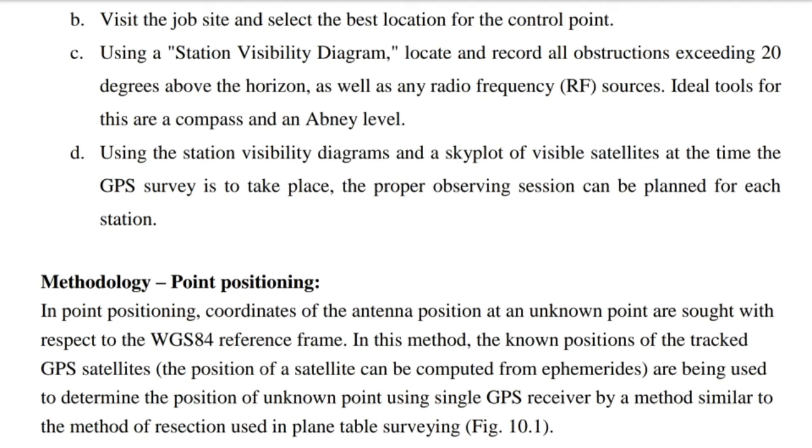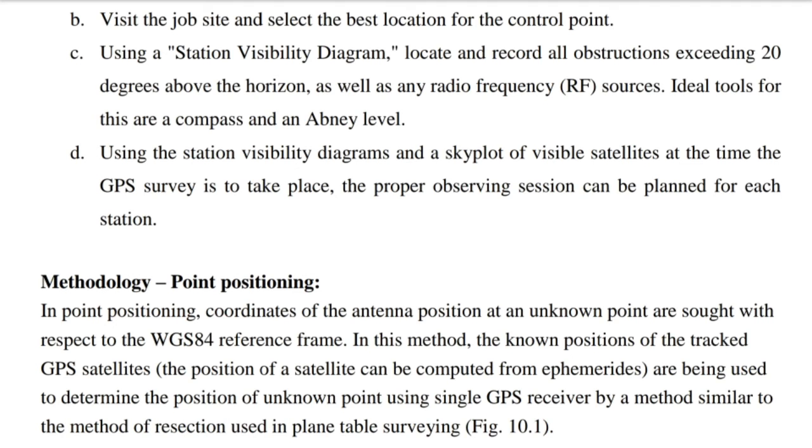C. Using a station visibility diagram, locate and record all obstructions exceeding 20 degrees above the horizon as well as any radio frequency (RF) sources. Ideal tools for this are a compass and an Abney level. D. Using the station visibility diagrams and a sky plot of visible satellites at the time the GPS survey is to take place, the proper observing session can be planned for each station.